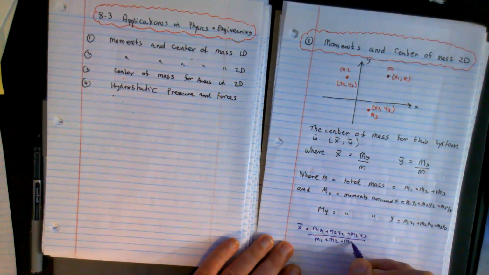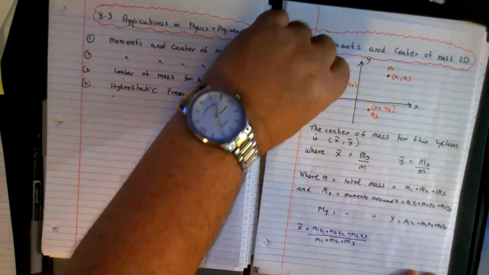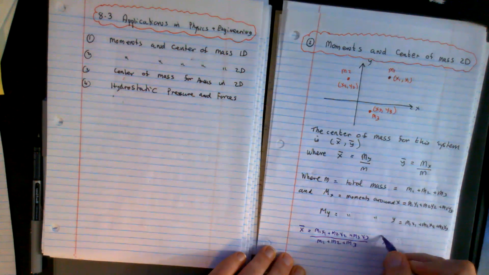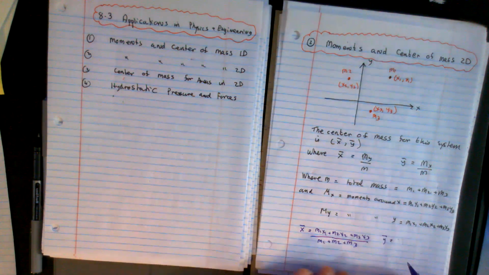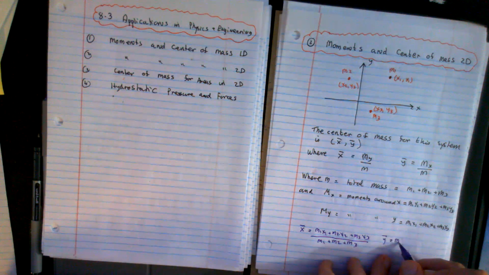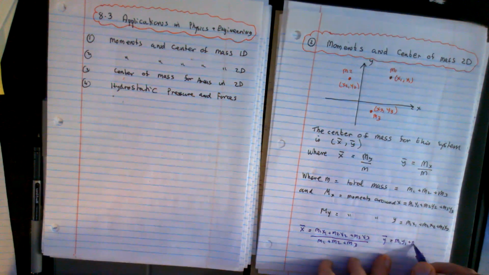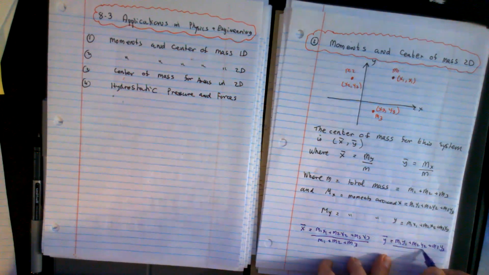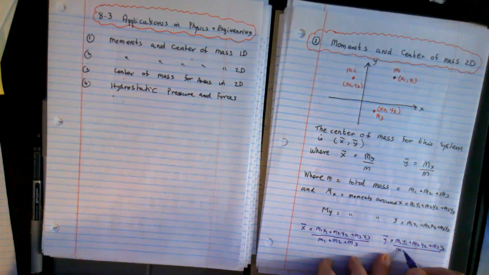That intuitively sounds right. You imagine dropping all these things down to the x-axis. Now, if you want to get y bar, you're talking about m1 y1 plus m2 y2 plus m3 y3, also over the total mass.